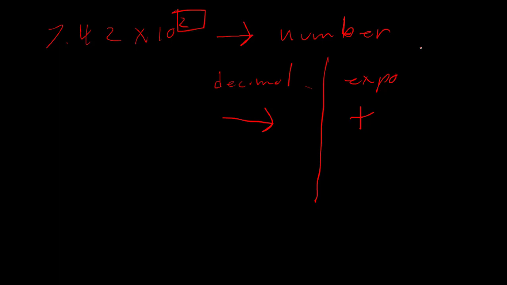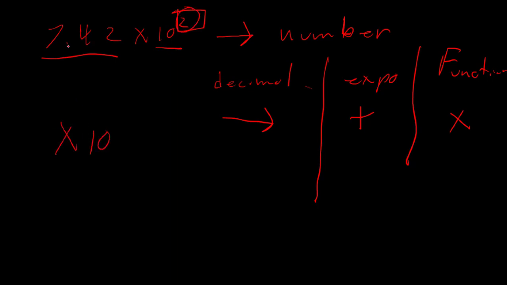It would be positive, and the function would be multiplication. So it's multiplying this decimal number in increments of 10 two times. If we multiply it by 10 one time, it moves the decimal here. If we multiply it by 10 an additional time, it moves the number here. So we would have 742.